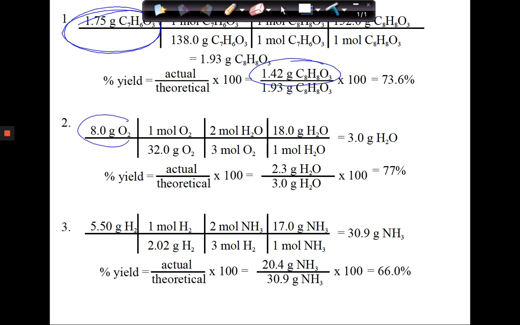You're given the 8 grams of oxygen, and you're given the 2.3 grams of water. Correct. And you'll be weighing things. Let's do this. I love that you're thinking ahead. Let's look at the lab in just a minute, and then if those questions are still present, ask them.